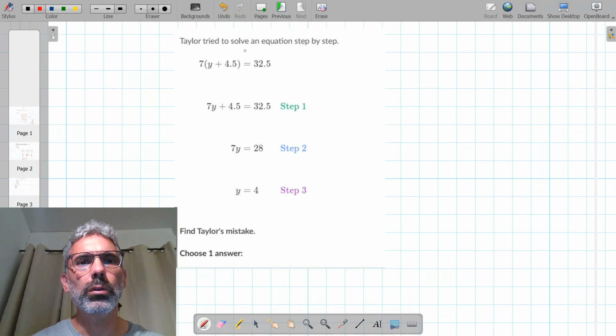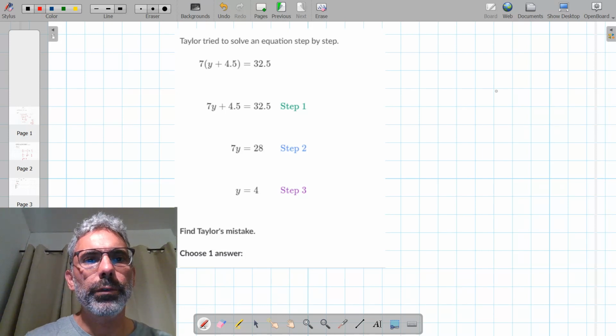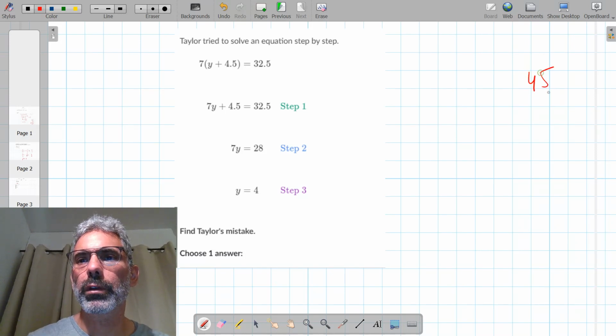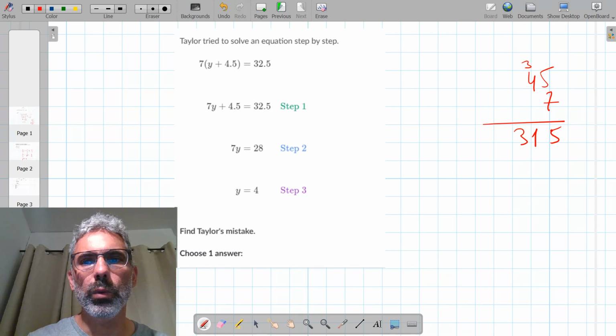Taylor tried to solve an equation step by step. Okay, so the first step, he should have applied the distributive property and multiplied 7 times y, which is 7y, and 7 times 4.5. 7 times 45: 7 times 5 is 35, 7 times 4 is 28, plus 3 is 31, and we have one digit to the left, so 7 times 4.5 should have been 31.5.